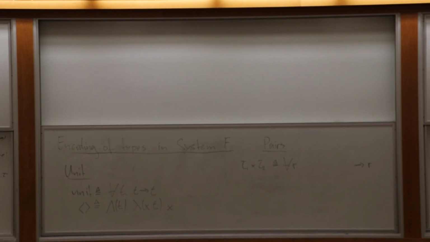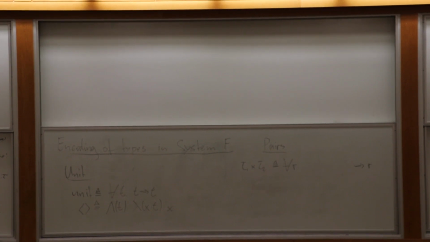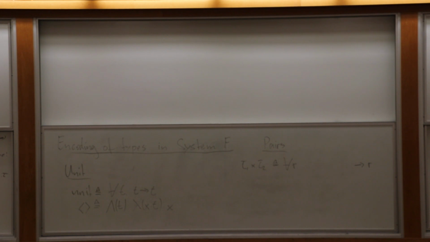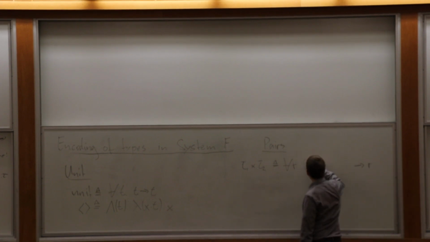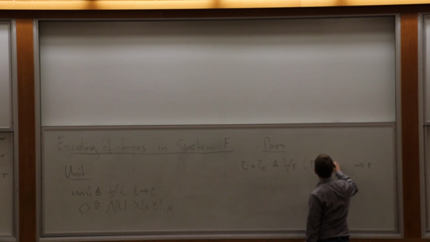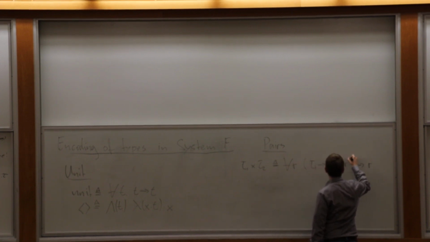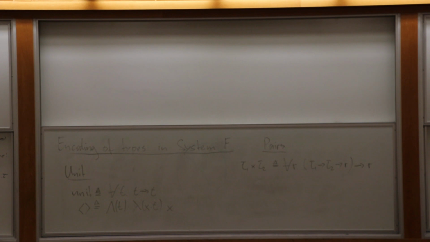For the pair you only have one constructor that takes something of type tau 1 and something of type tau 2 and gives you this pair. This is what we fill in here. Does that look good?